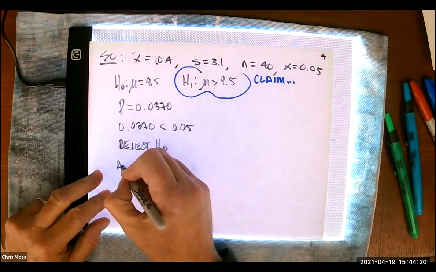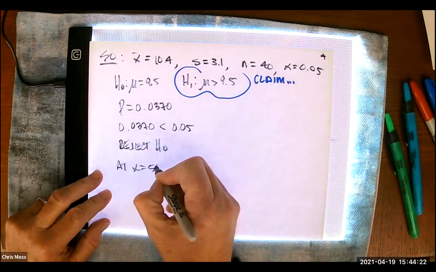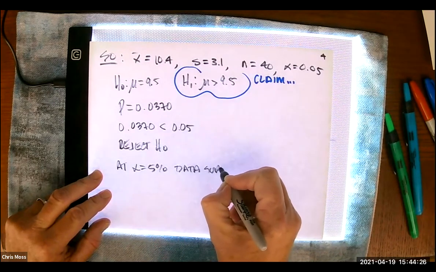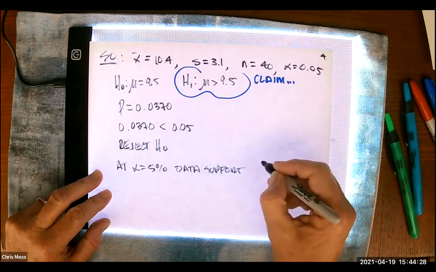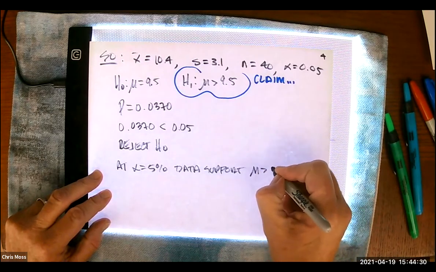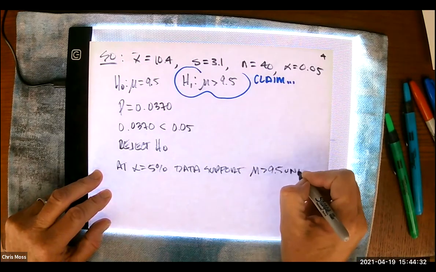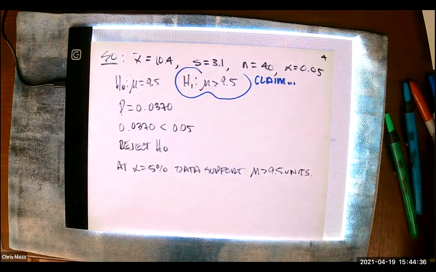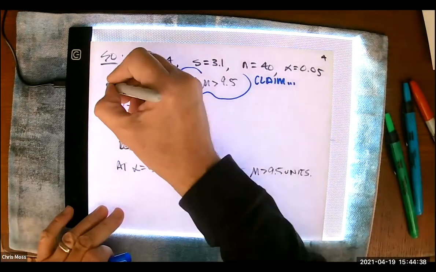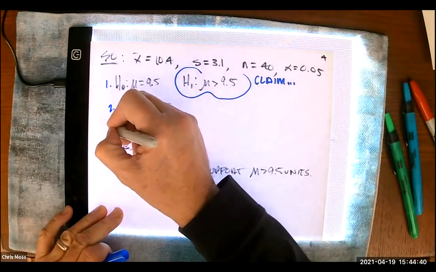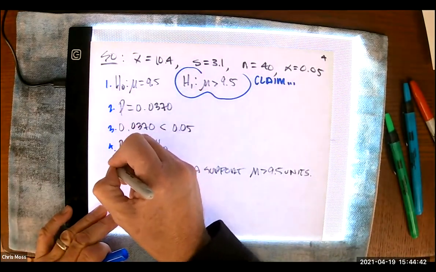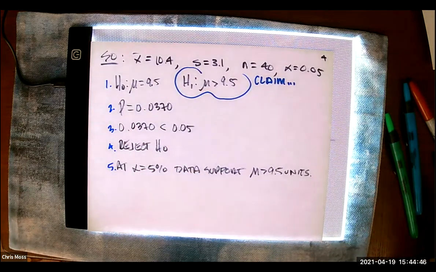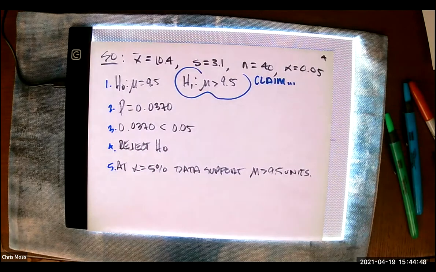So at alpha equals 5%, data support mu greater than 9.5 units. All right. And those are the 1, 2, 3, 4, 5 steps for your average everyday test of hypothesis.